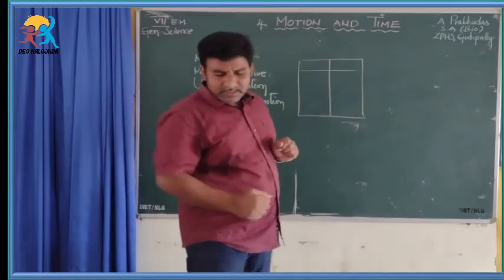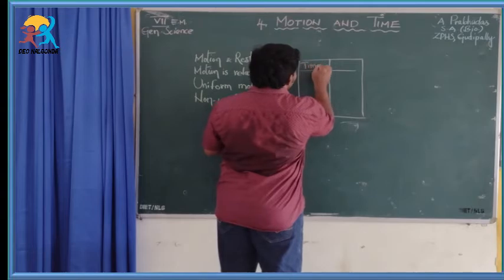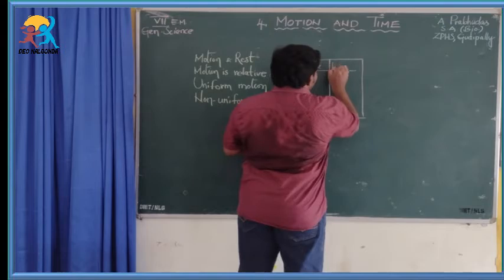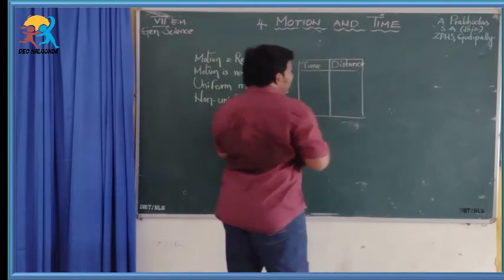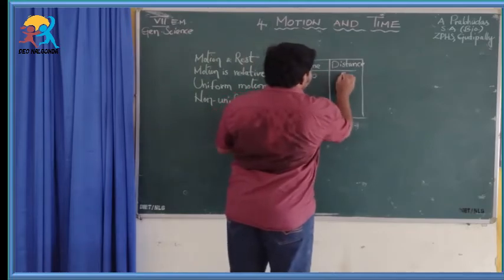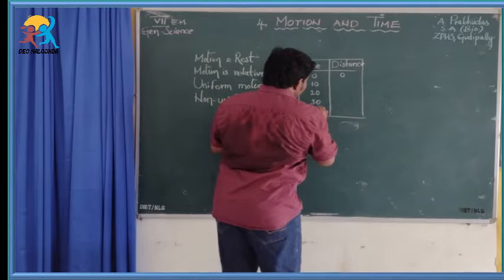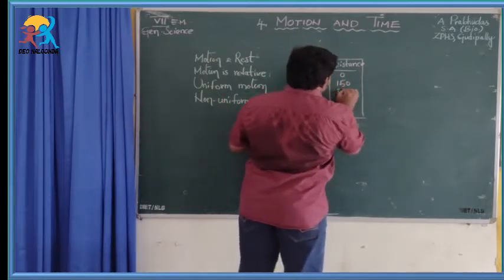There are two columns. The first column is time in seconds and the second column is distance travelled. Okay, 0, say 150.